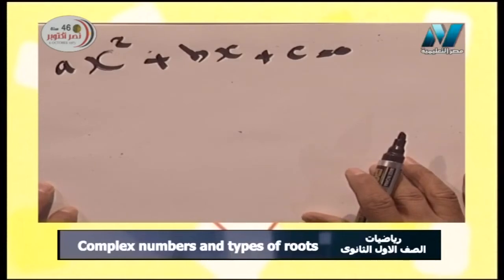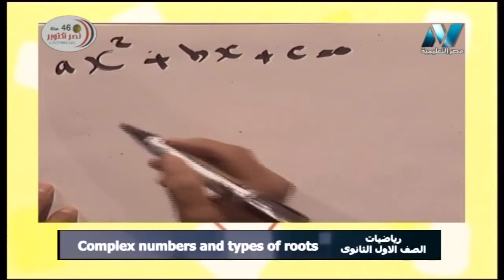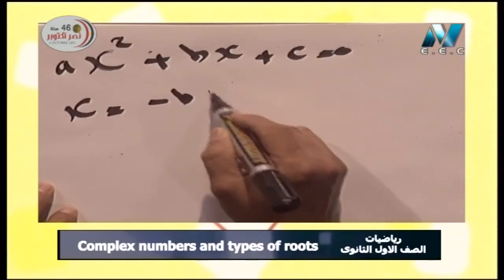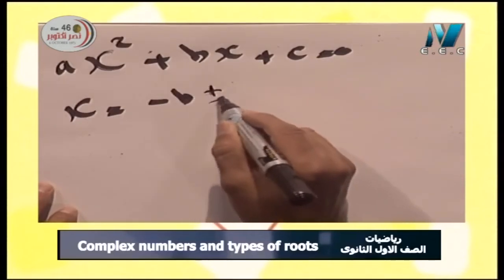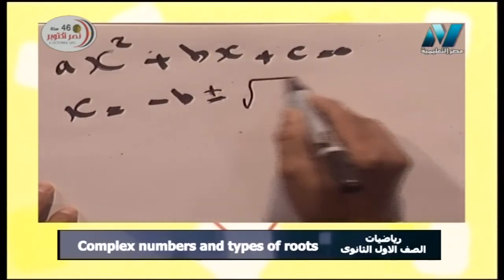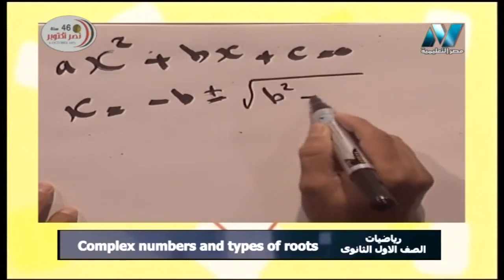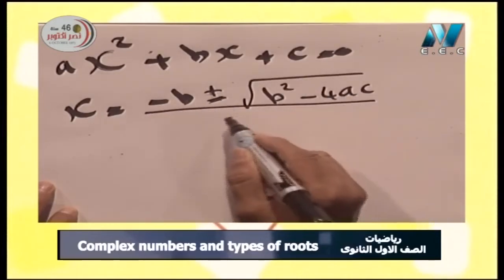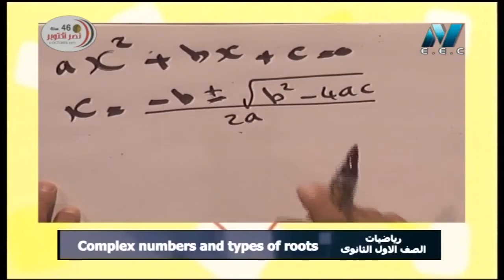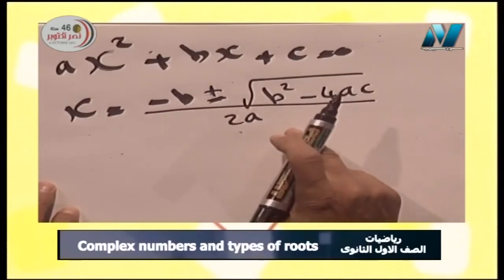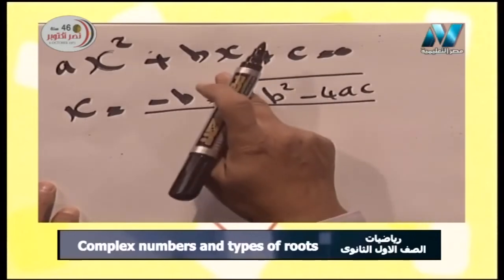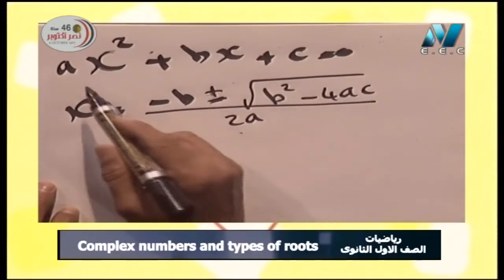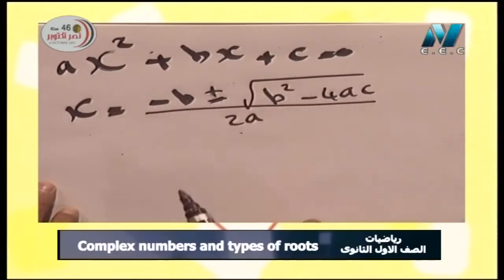And we have the formula: x equals negative b plus or minus the square root of b power 2 minus 4ac, over 2a. This formula, if we apply it, will answer the question of finding the roots of the quadratic equation ax power 2 plus bx plus c equals 0.